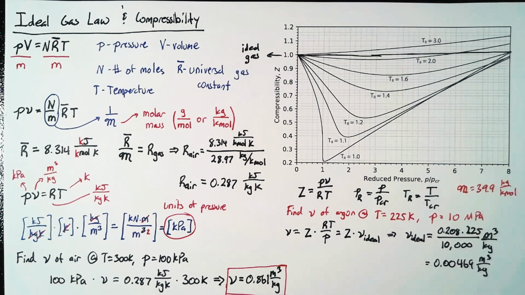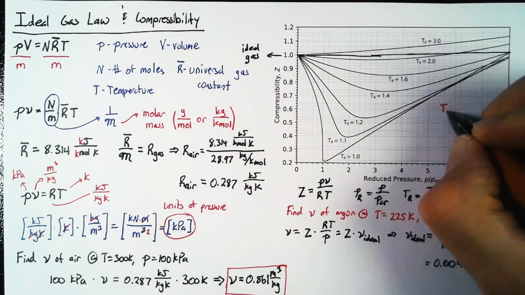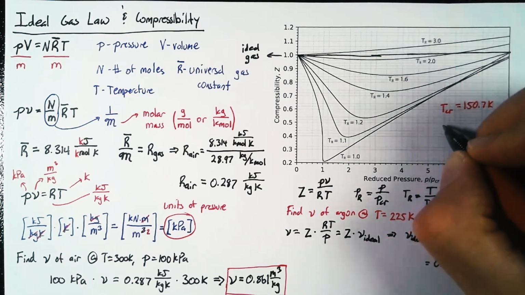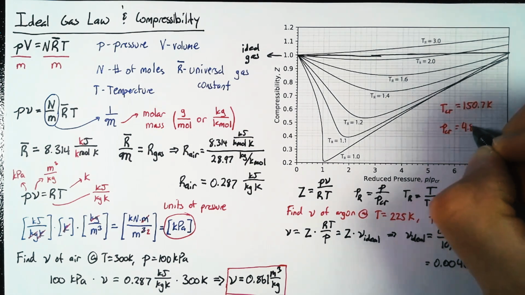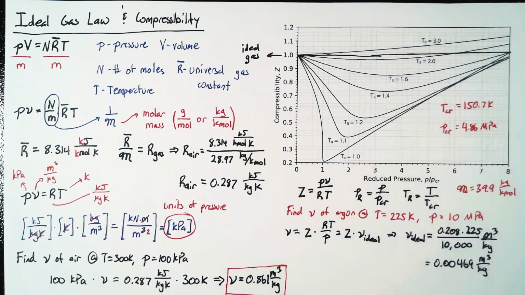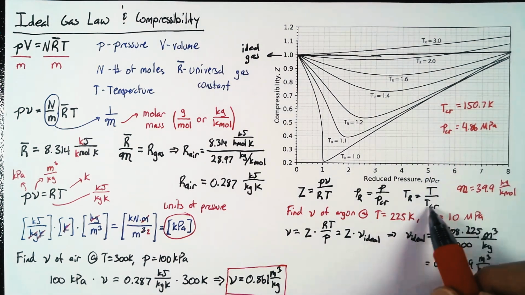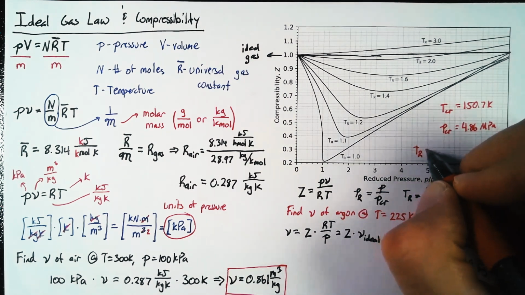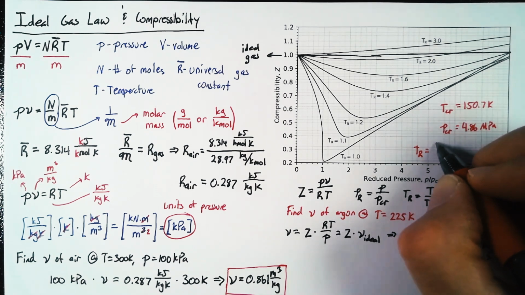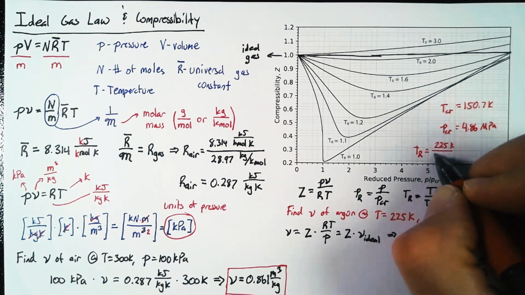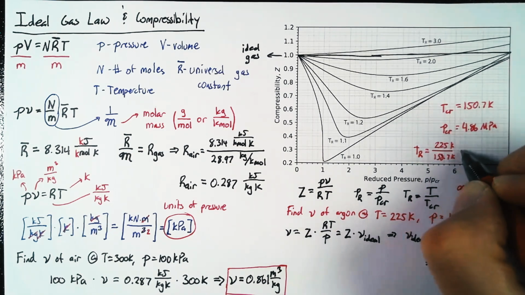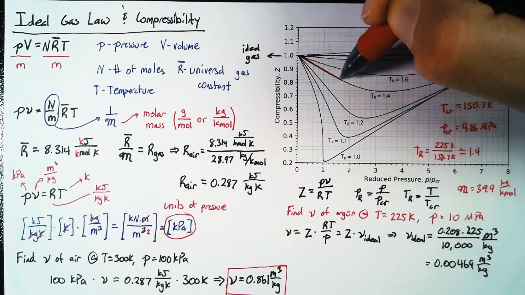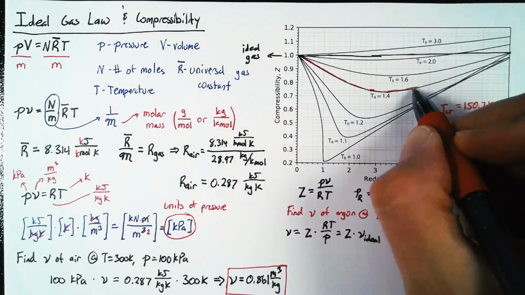Now, in order to find the Z value here, we need to know the critical temperature and pressure of argon. The critical temperature of argon is 150.7 Kelvin. The critical pressure is 4.86 megapascals. Using these equations down here, we can find the reduced temperature and pressure. Our T sub R is equal to 225 Kelvin divided by 150.7 Kelvin, which is right at 1.4. So we know that our value is going to be on this line here.